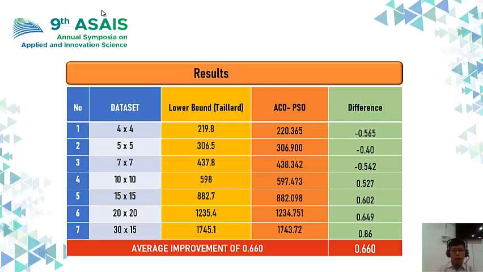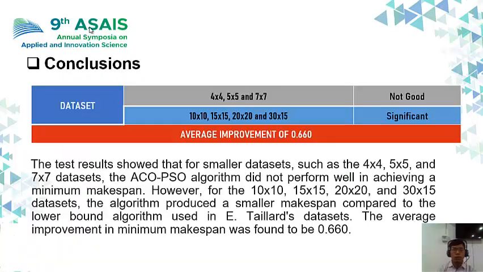As the dataset size increases and becomes more complex, the makespan result with the ant colony optimization and particle swarm optimization algorithm improves, showing an average makespan improvement of 0.660. In this study, an analysis of the hybrid ant colony optimization and particle swarm optimization algorithm has been conducted to minimize makespan in job scheduling.